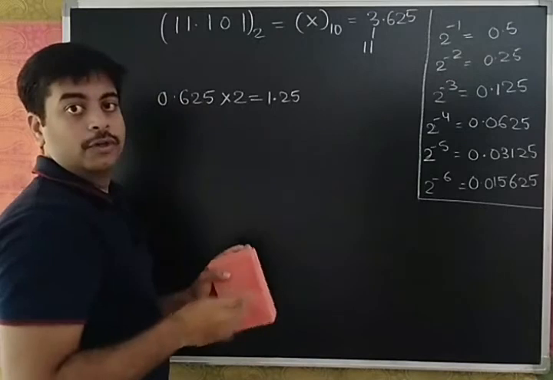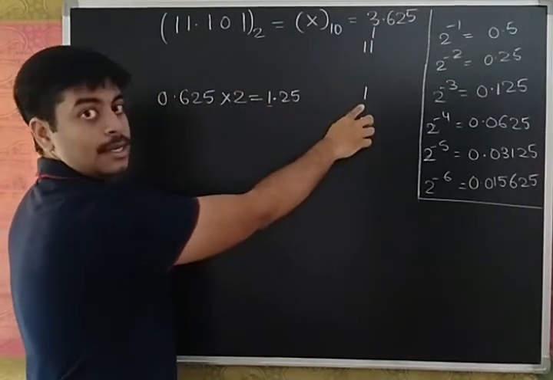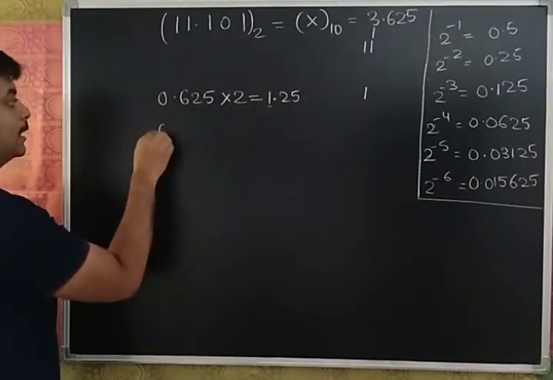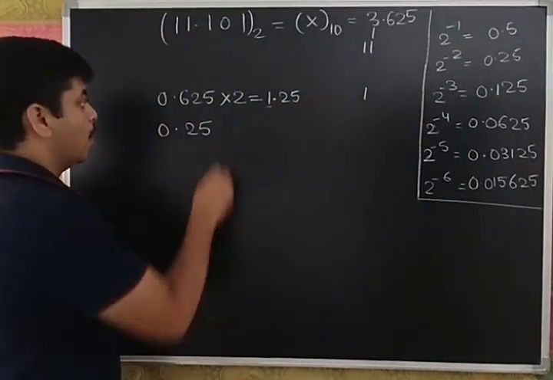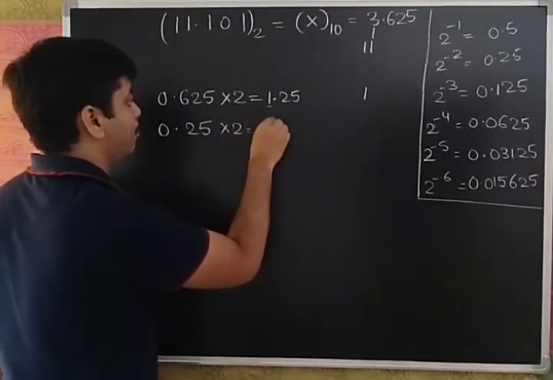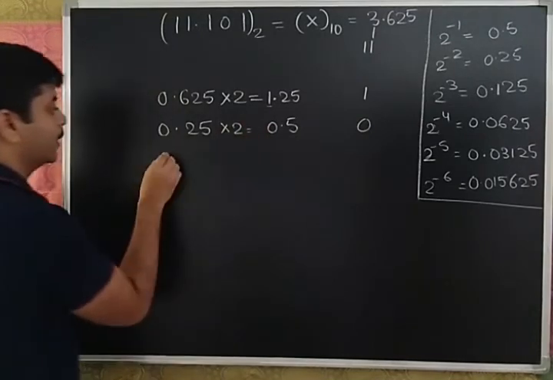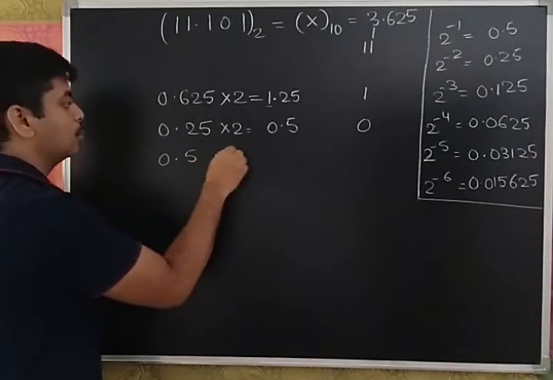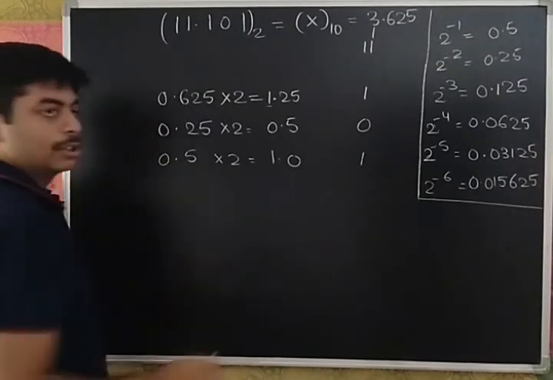So what will you do now? Write this number here, and write this fractional part here, 0.25. Once again into 2, you will get 0.5. This 0 will be here, and this 0.5 will come here. Multiply with 2, you will get 1.0. Write this 1, and as it is 0, stop.